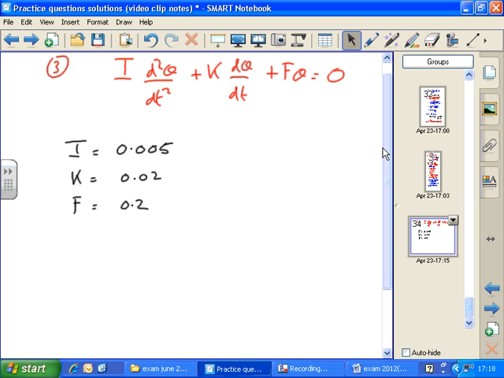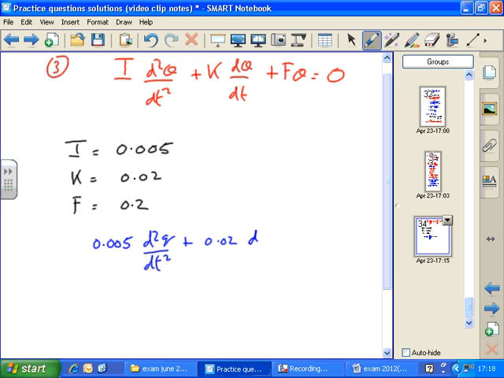If I put in these values, we've got I, which is 0.005, times the second differential of q with respect to t, plus k, which is 0.02, dq by dt, plus f, which is 0.2, q equals 0.